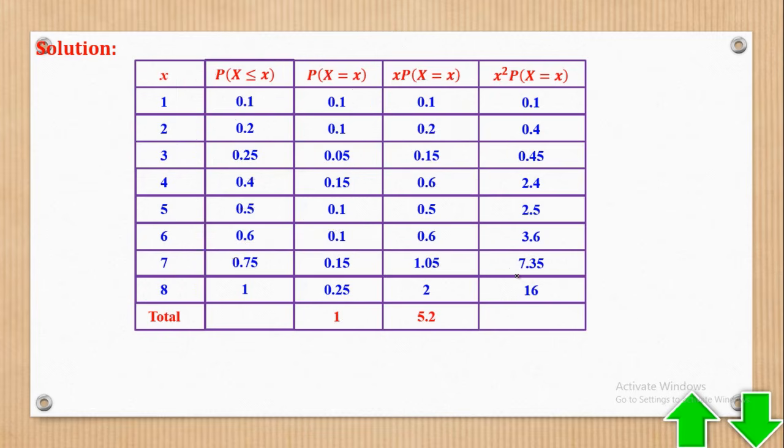After that, we have to add up all these values and come up with that.